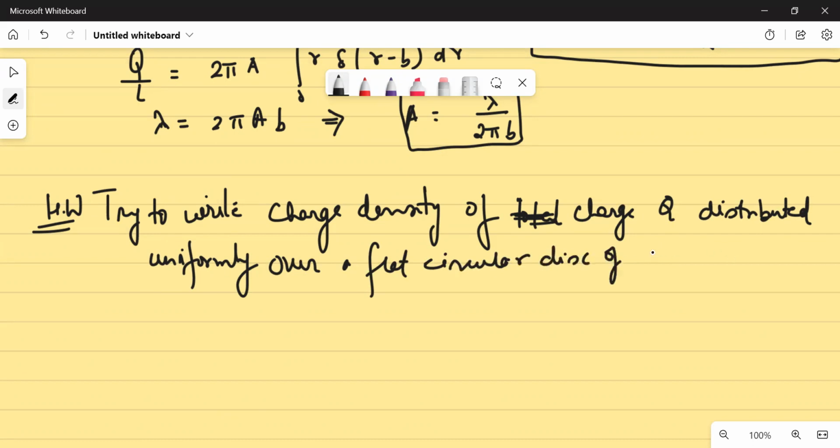So thickness you forget about it. Negligible thickness and radius capital R.